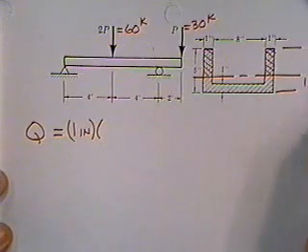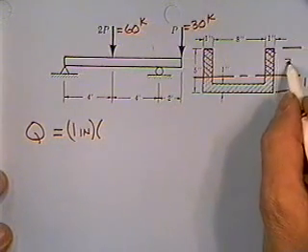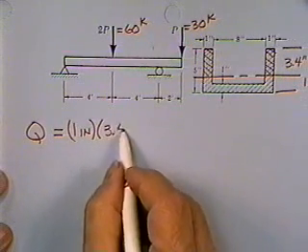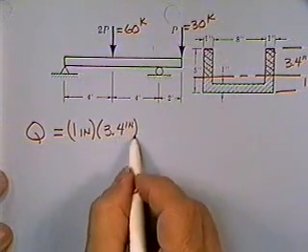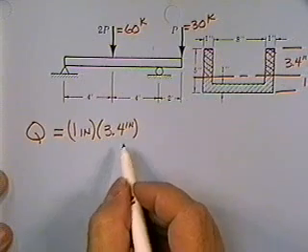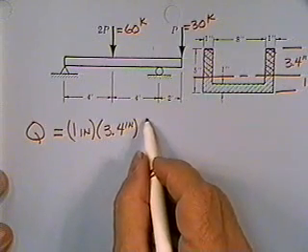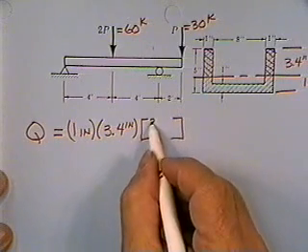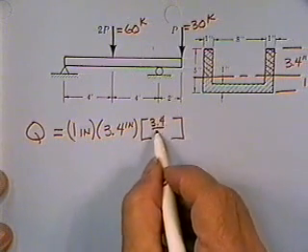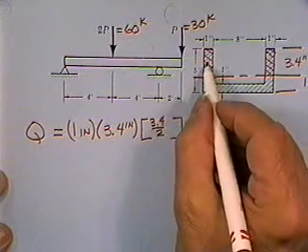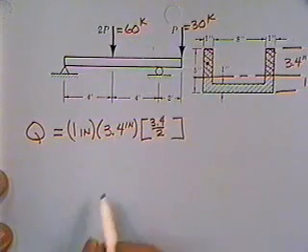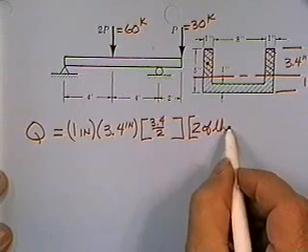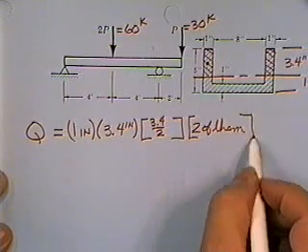That piece is 1.6 from 5, which leaves me 3.4 inches tall times 3.4 inches tall. That's the area crosshatched. The distance from the neutral axis to the centroid of that piece is 3.4 over 2, because the centroid of a rectangle is in the middle. And there are two of them. So it's really pretty simple.